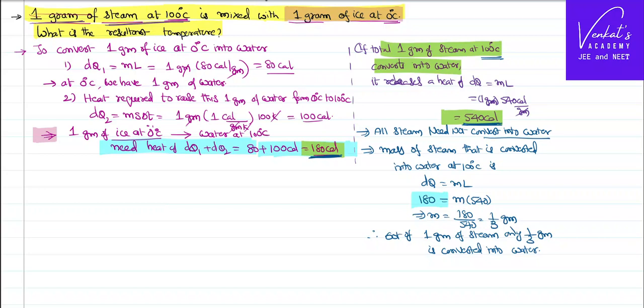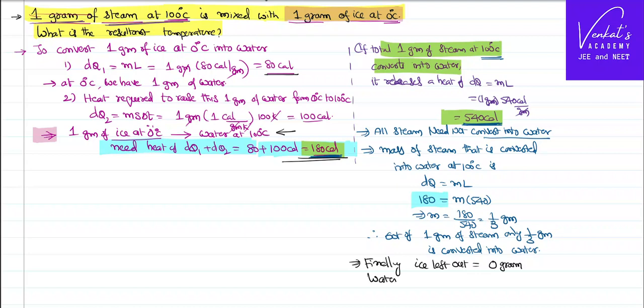So what is the final thing? What's the resultant temperature is your question. But I want you to understand carefully what is left out finally. Finally, is there any ice left out in the problem? Entire ice is converted into water whose temperature is raised to 100 degrees centigrade. There is no ice left out. So ice left out is 0 gram.